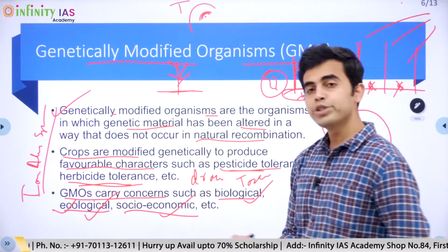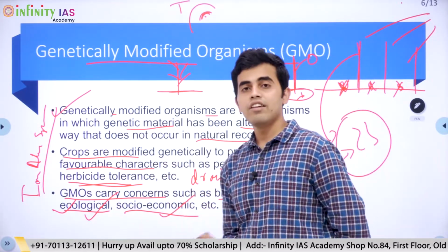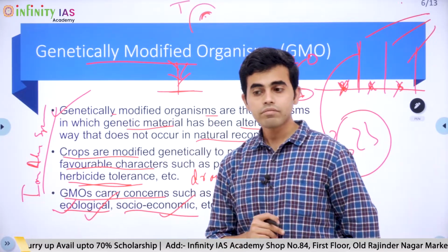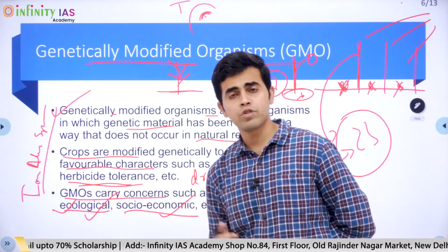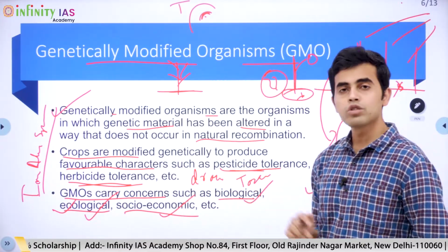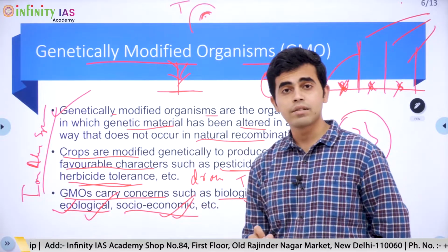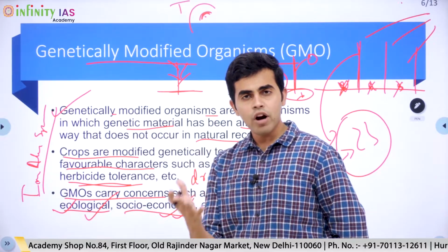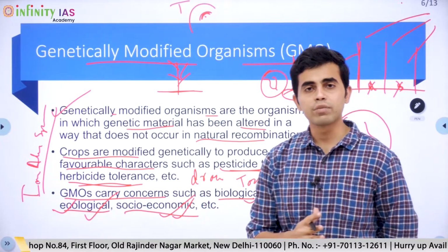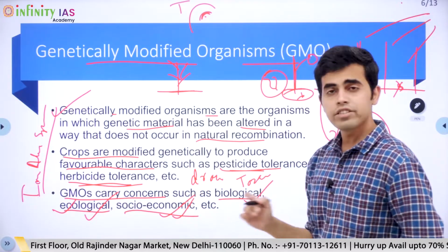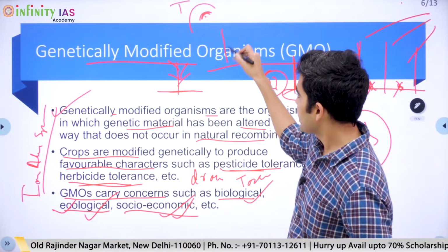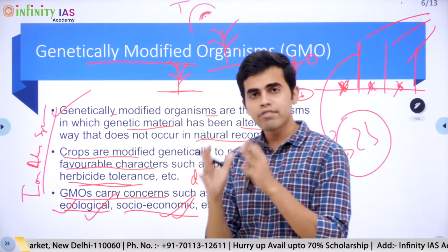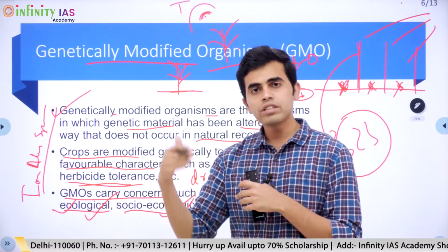Next comes socio-economic concerns. Particularly for GMO crops, the costs might be very high. Farmers cannot afford the cost of those crops or the seeds to sow those crops. That is a socio-economic concern. For example, if a seed company has made a genetically modified crop and has given it to the farmers, but there is a catch that the plants cannot be grown from the seeds, normally farmers will save some of the grain to be sown the next season.